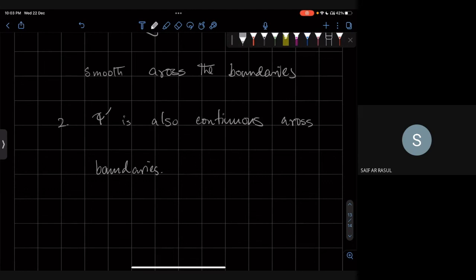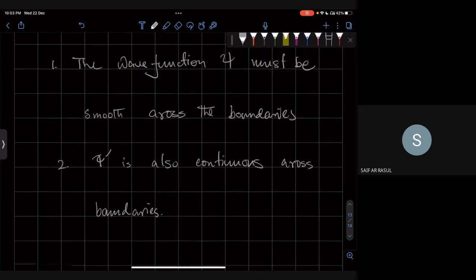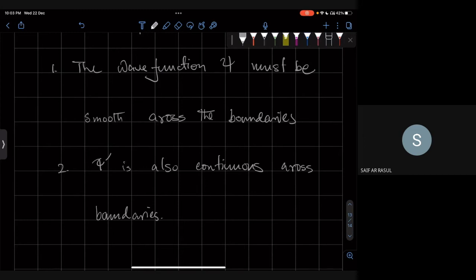So how many conditions do we get if I impose these two conditions? Can someone tell me? Seems like 3. Can you explain how? I mean, smoothness seems to be 2 conditions, continuous and differentiable. Okay.